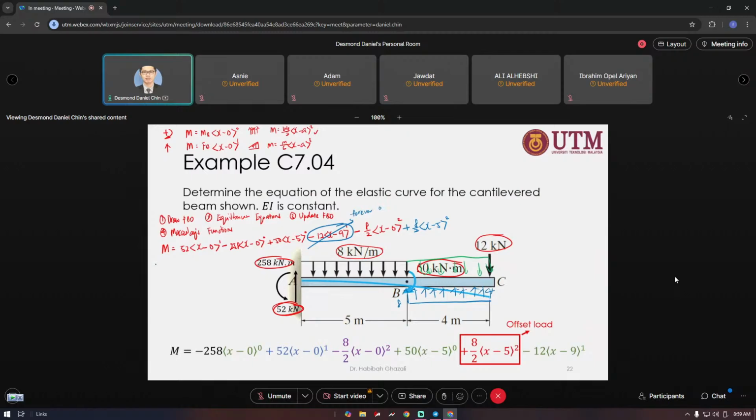So the only thing left is M equals to 52 bracket x minus 0, power 1, minus 258 bracket x minus 0, power 0, plus 50 bracket x minus 5, power 0, minus 8 divided by 2 bracket x minus 0 squared, plus 8 over 2 bracket x minus 5 squared. Any question?